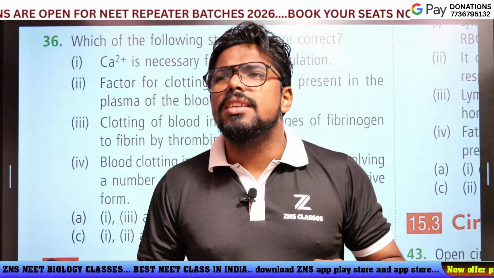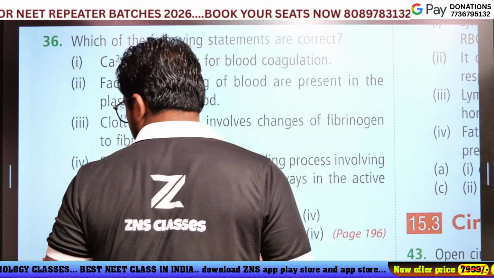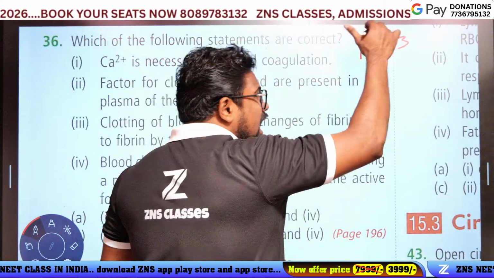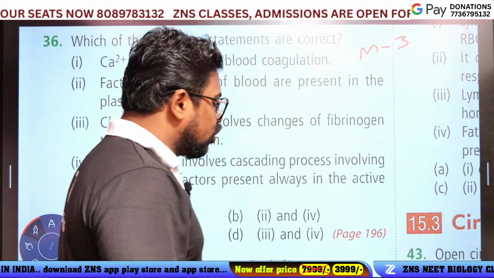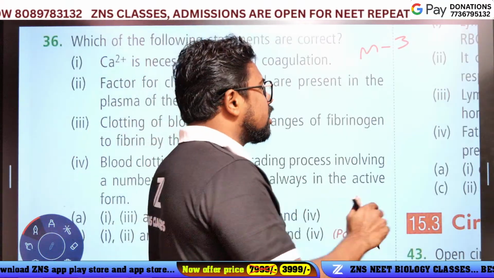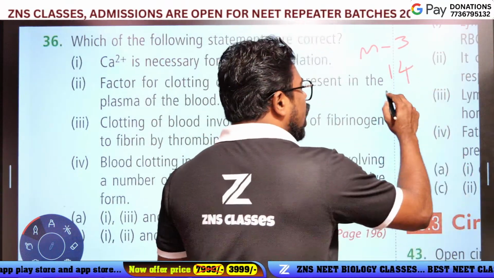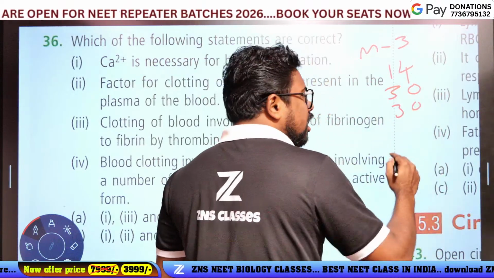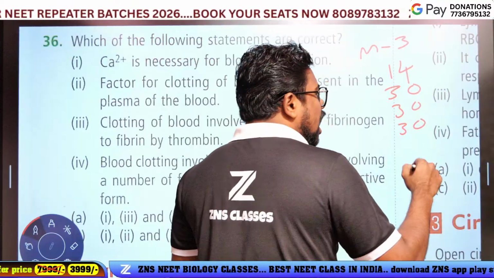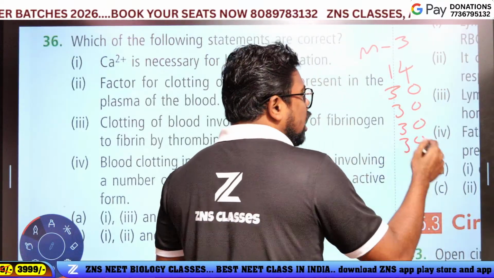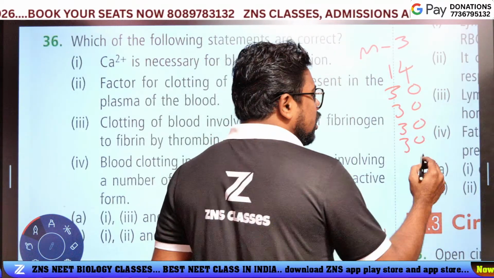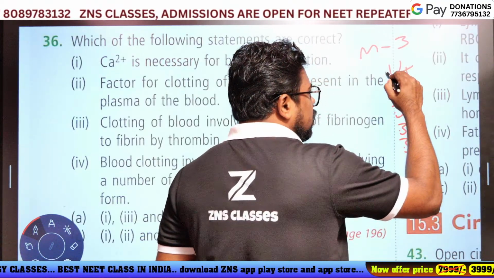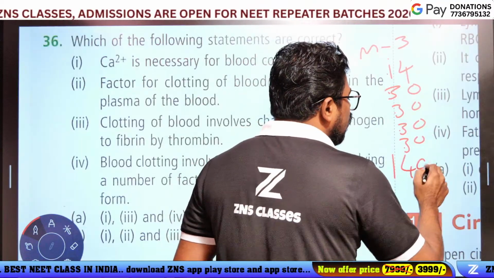Okay, I think May 3rd. May 3rd means our NEET exam is on May 3rd, the first Sunday. Today is the 16th. This December contains only 14 days. January is 30 and February, just imagine, is 30, March is 30 and April is 30. Just calculate how many days are left for your exam. Yes, 149 only.